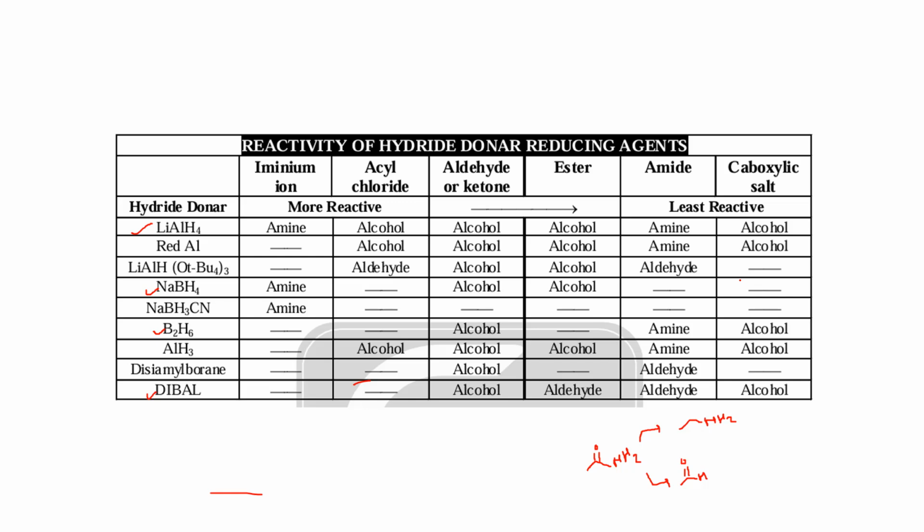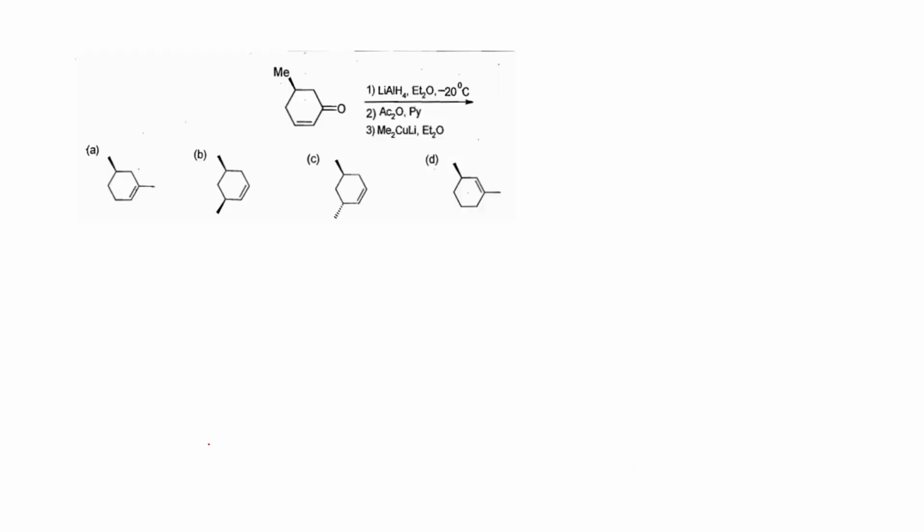Mostly, whatever questions you get in your upcoming NET or GATE examinations, they usually include questions from these reagents. The other reagents are also used, but not in large numbers. And if you know the reactivity of NaBH4, you can also predict the reactivity of others, like NaBH3CN and all. Okay, so let's go to the previous year questions.